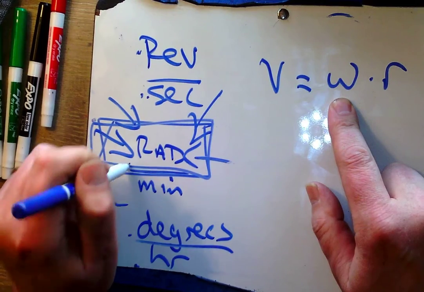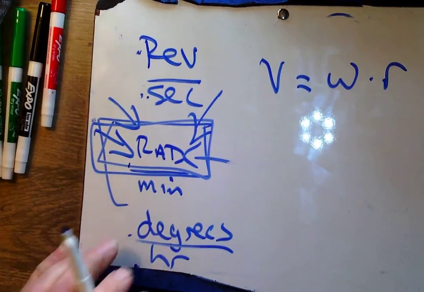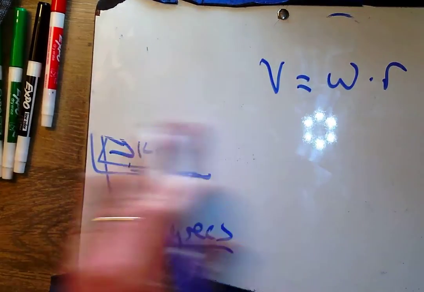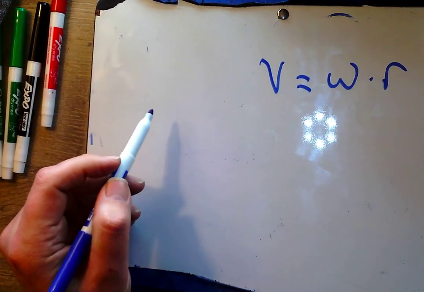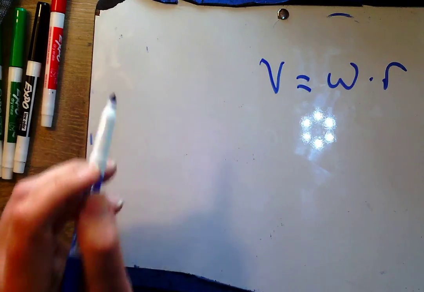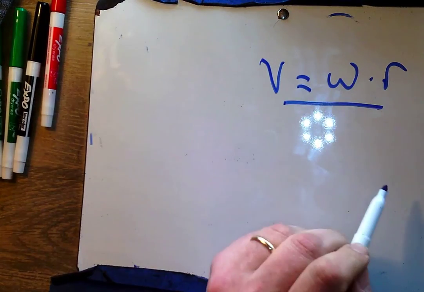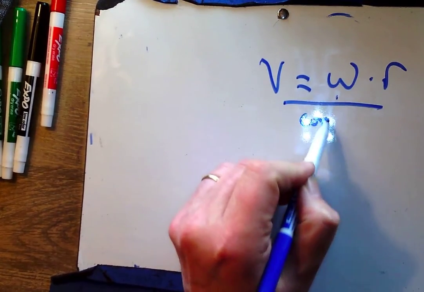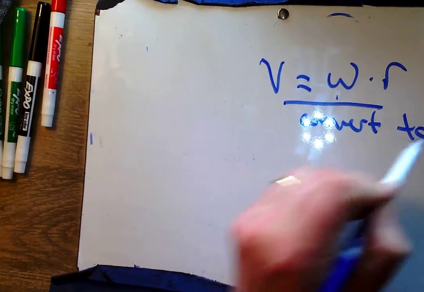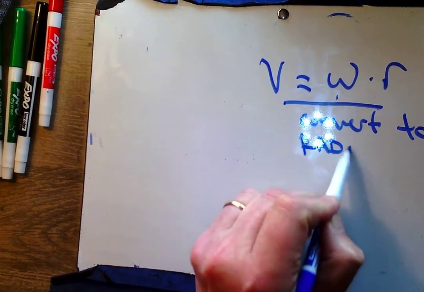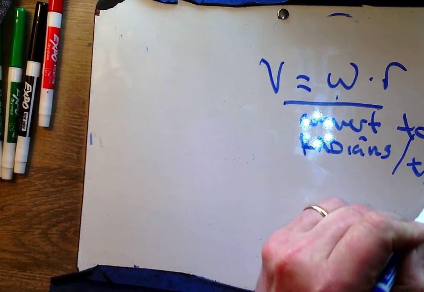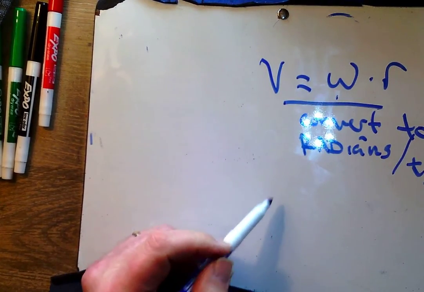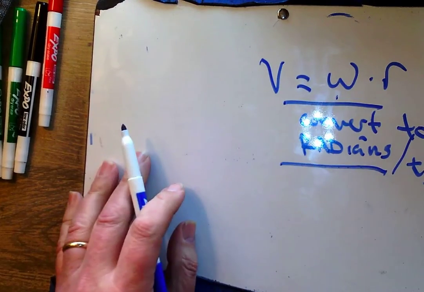I need radians. So one of the pieces of information we need in talking about this linear and angular velocity stuff is that if I'm going to use this formula, I need to convert to radians per time unit. We don't care about the time unit, but the radians is a must.